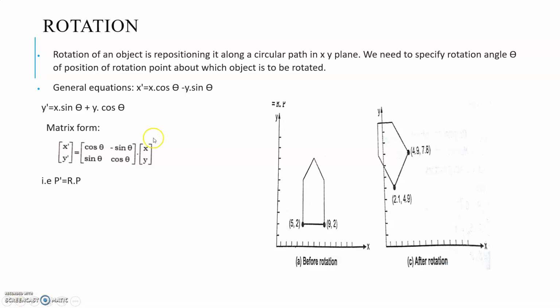The general equation is x' = x cos theta - y sin theta, and y' = x sin theta + y cos theta. Here x' and y' are the new coordinates of that particular object.